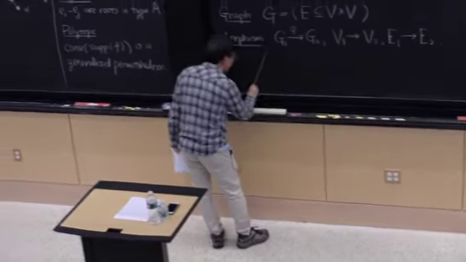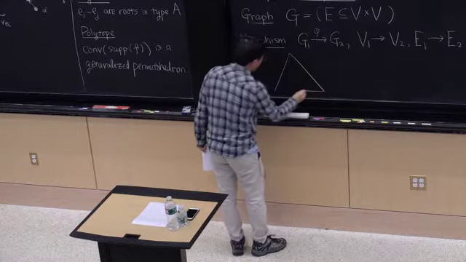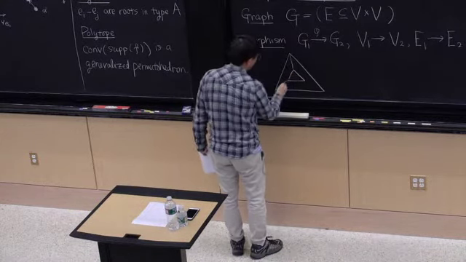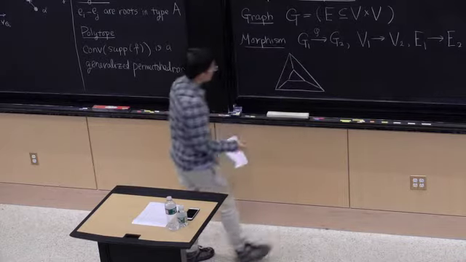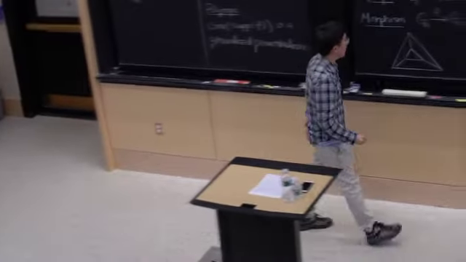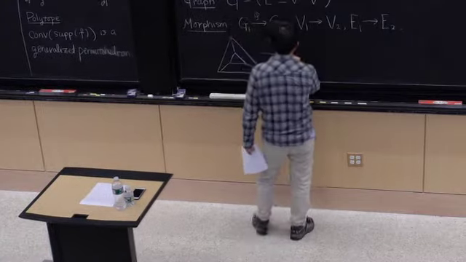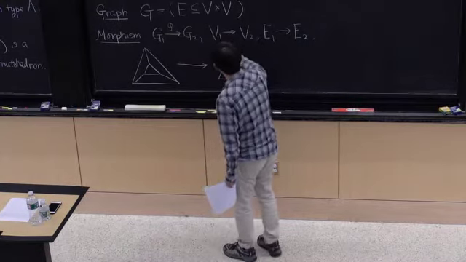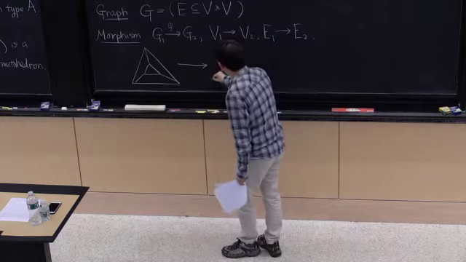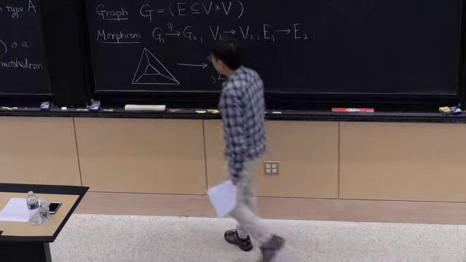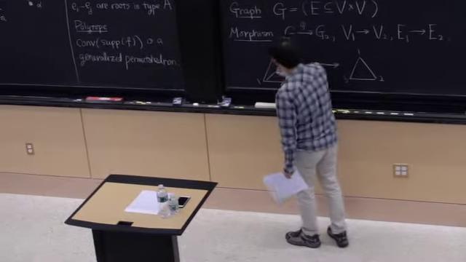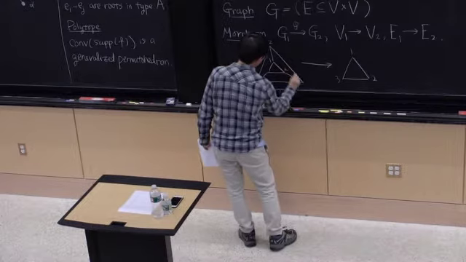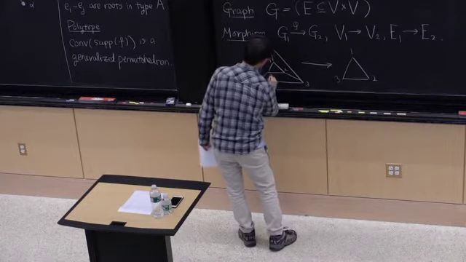So just for fun, let's fix one example. Maybe I have one graph on 6 vertices and 9 edges. And maybe I can map it to a triangle with vertices 1, 2, 3 by sending this to 1, 1, 2, 2, 3, 3.